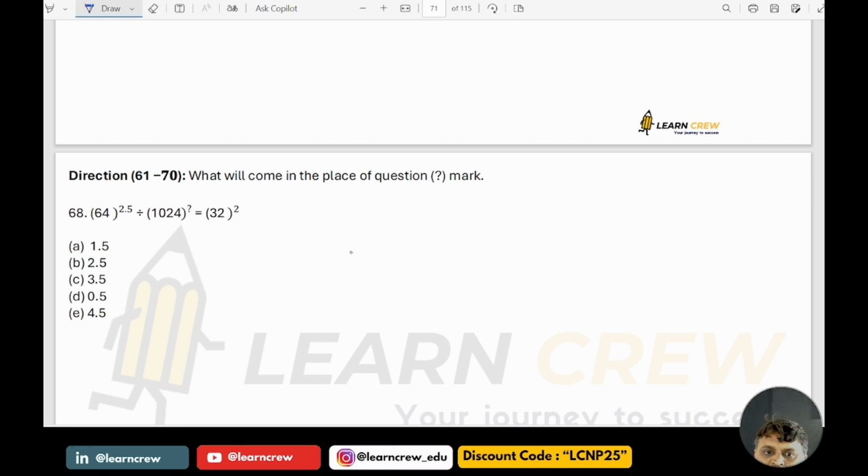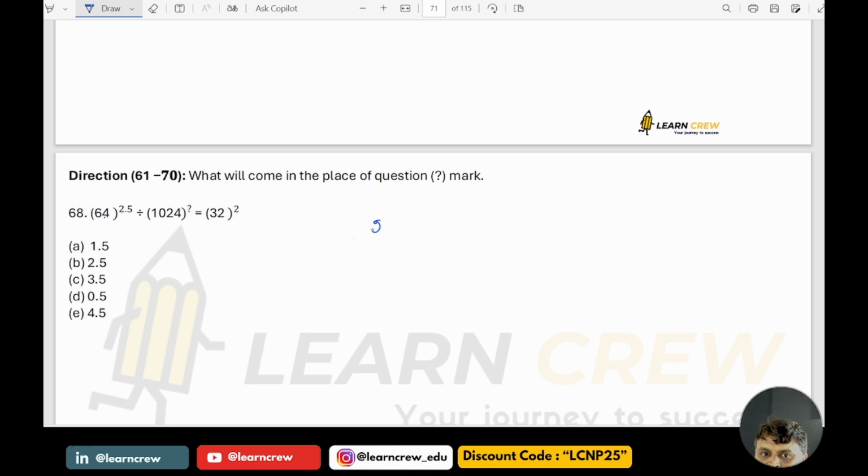What I can do is I can write as 4 cube whole power 5 by 2 divided by 4 power 5. Why to make it complicated? So please see here, it is 2 power how much?